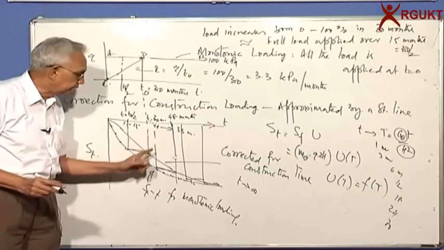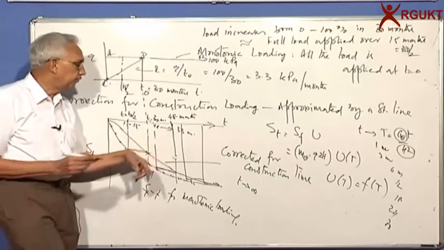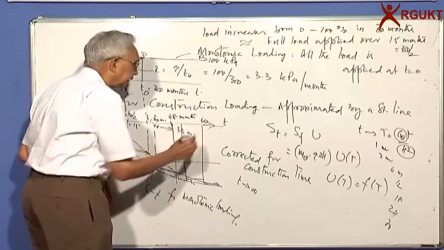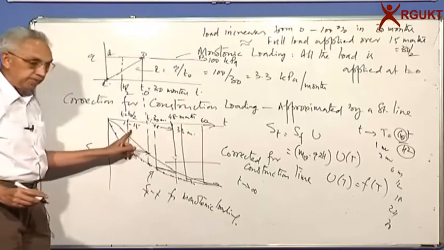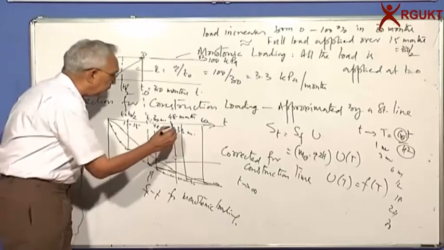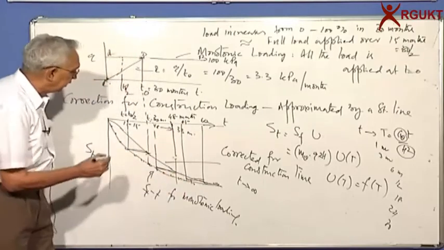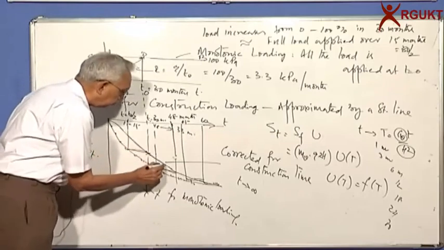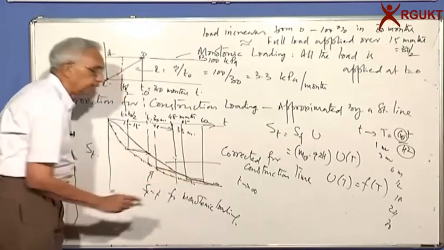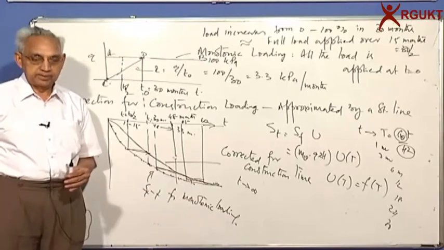I take 33 months, and I transfer it here. If I want it at the end of 60 months, 30 means 15 plus another 30, it becomes 45. So I take the point corresponding to 45 months and transfer it. These points are combined to get the prediction of settlement due to construction loading.